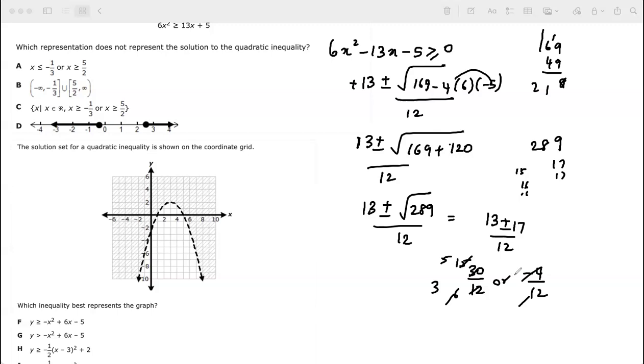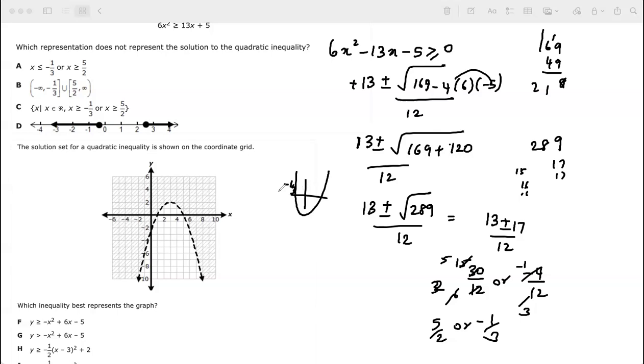5 by 2 or minus 1 by 3. So basically, it's greater than or equal to 0, right? It's an upward facing parabola. So minus 1 by 3 is here.